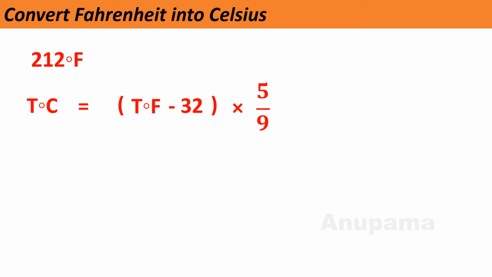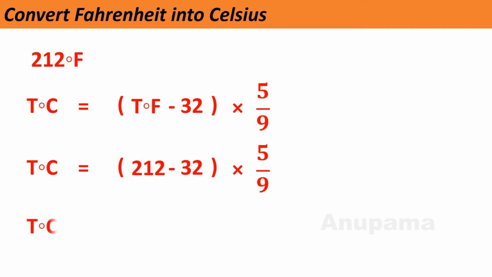So at first we will subtract 32 from the temperature, and here the temperature is 212. 212 minus 32 in brackets multiply by 5/9. At first subtract 32 from 212 and you will get 180 multiply by 5/9.